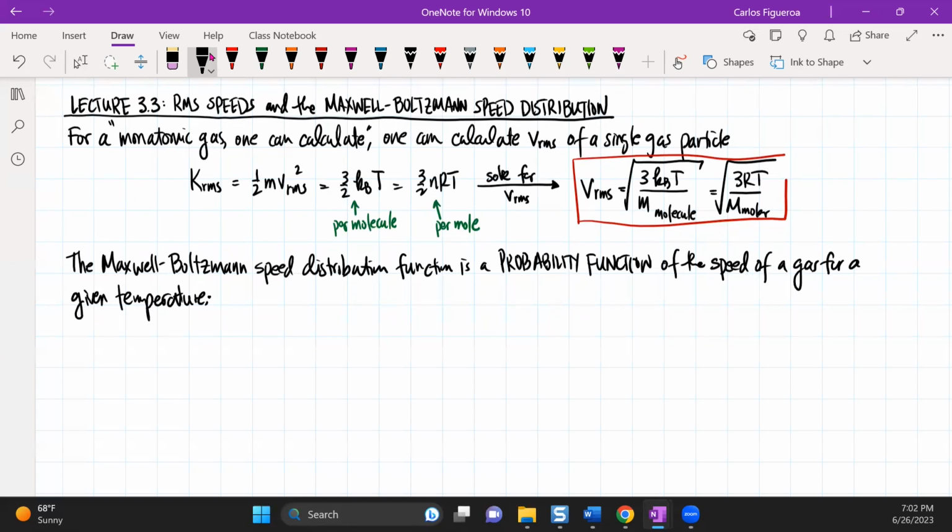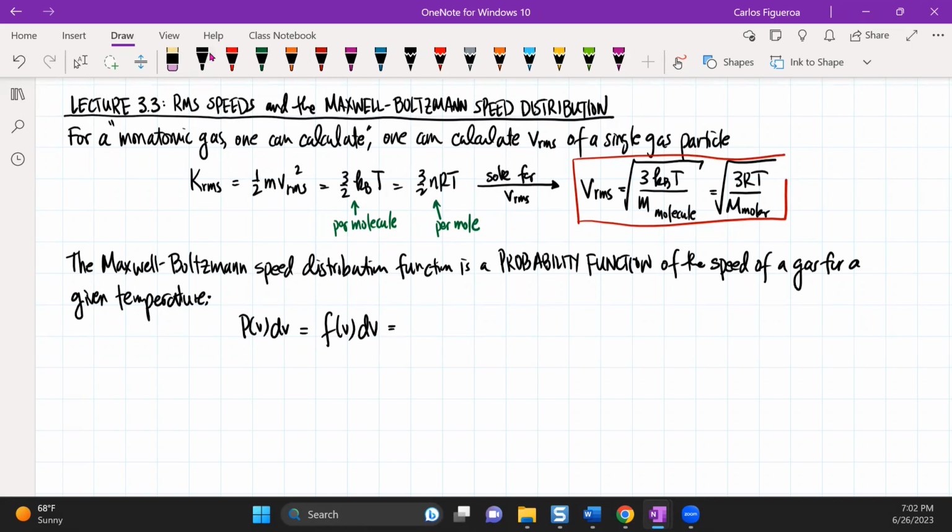So if you look at the probability function, this is the probability per, let me be careful, it's not volume, it's speed. This is some function of dV. I could have just written P(V). And what you'll find here is that you get this complicated relationship.